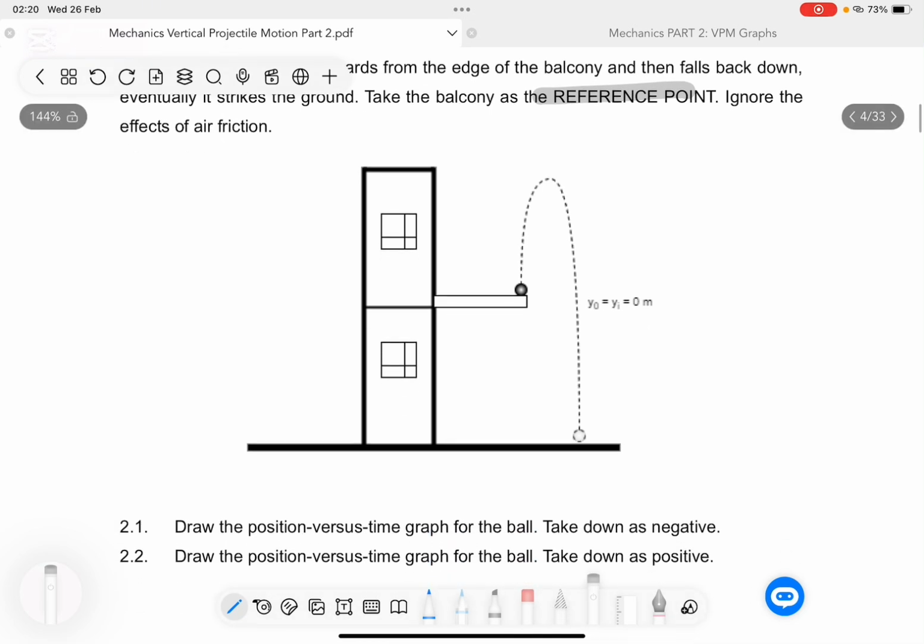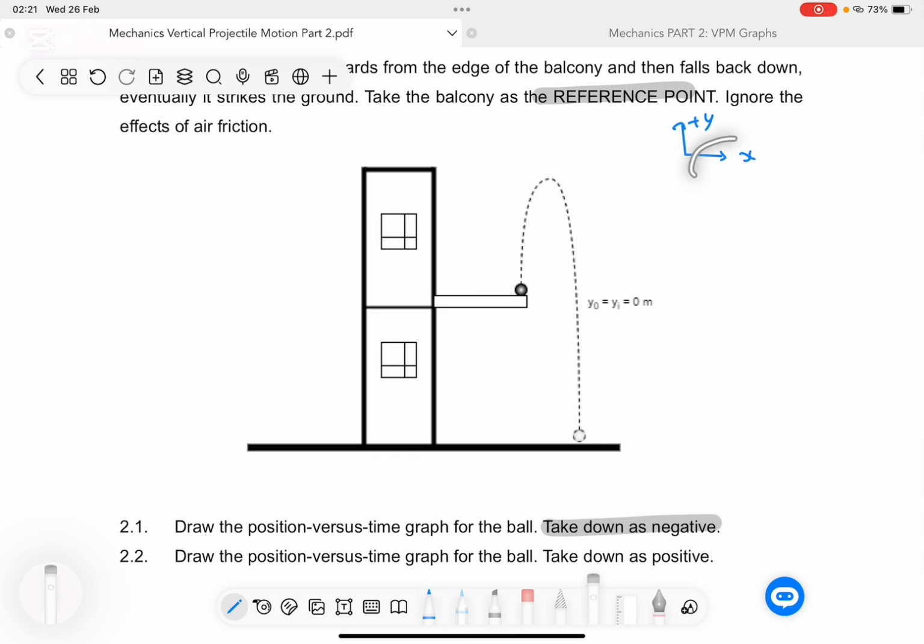Now the first question, 2.1, says draw the position versus time graph for the ball. And here we then say take down as negative. Again, that would mean vectors that go up will be positive because we're choosing down to be negative. And of course here we have the x-axis.